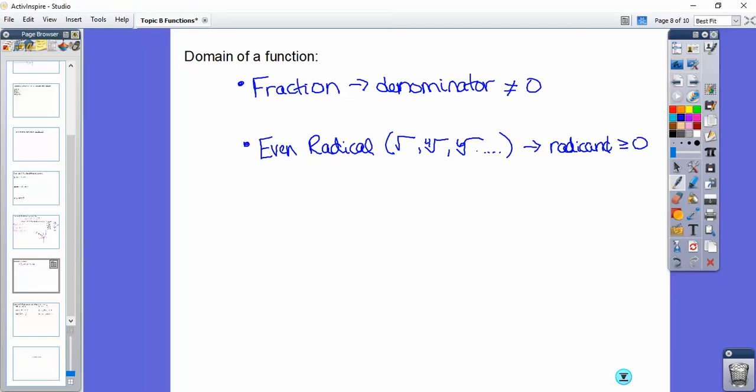Okay, the last one we didn't use as much, but it is still something that came up at the end of college algebra. If you have a logarithm, the argument, the thing you're taking the log of, has to be greater than 0. So in looking at the domain, those are the 3 pieces we have to consider.